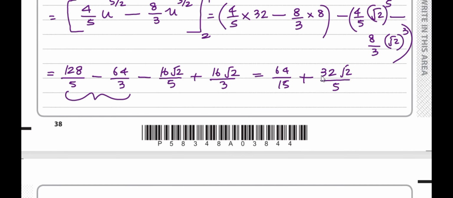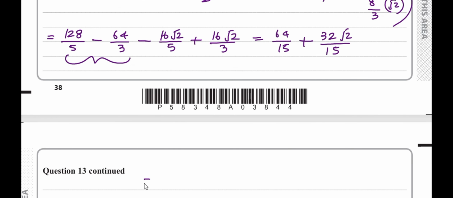Okay, so 32 over 15 is common in both, so we can factorize it out. That is equal to 32 over 15, inside bracket, what remains here is 2 plus square root of 2. There you go. This is what the question wanted us to show as the result.